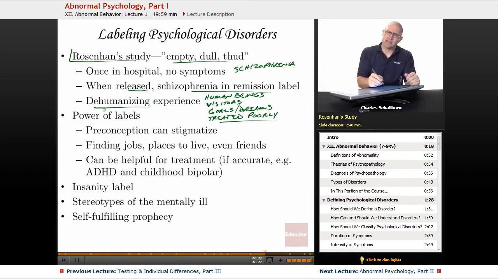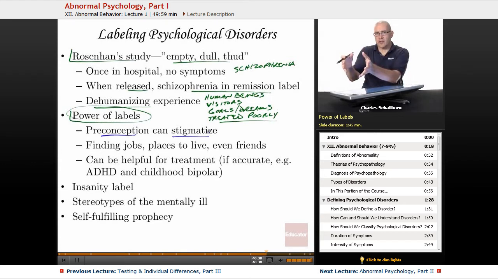It was the dehumanizing experience of being in there, but also the power of labels. Because with the power of labels, the preconception can stigmatize. So do we talk about the person with schizophrenia, person first, with the diagnosis, or do we talk about the schizophrenic? Which wording do we use?